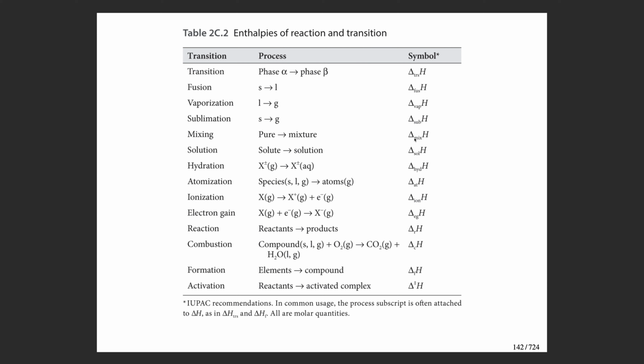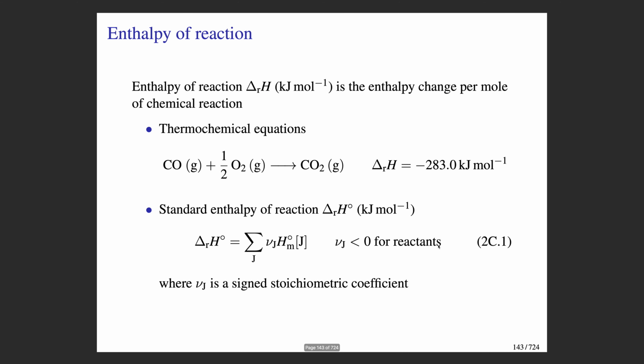Sublimation, if you're making a mixture, if you're solvating a solute, hydrating an ion, all sorts of different labels that you can use. Here's the enthalpy of reaction. If you're specifically looking at a combustion reaction, you could use something like this. If you're looking at a formation reaction, you would use the F subscript. All sorts of different labels that we can use.